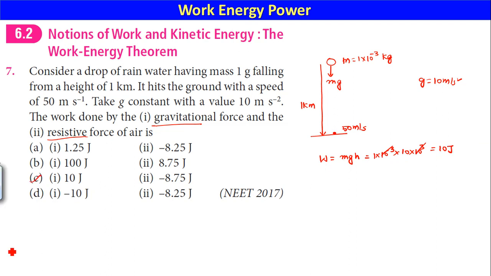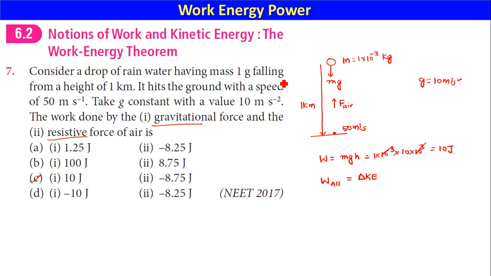Let us also find out how we find the work done by the resistive force of air. The resistive force of air should definitely oppose this motion, so the force will be acting in this direction for sure. We don't know the amount of this air resistive force, so what we do is apply the work energy theorem here. What is the work energy theorem? Work done by all forces is supposed to be the change in the kinetic energy of the particle.